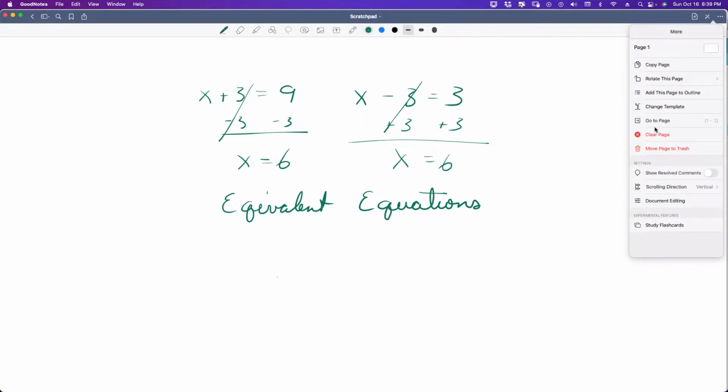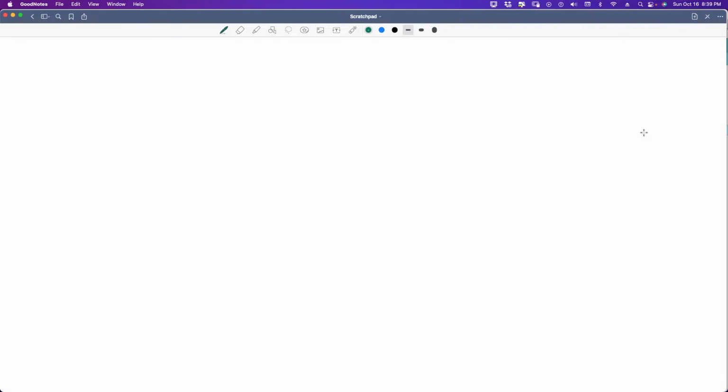Remember, just a couple lessons ago, I gave you a rule that said for equations, whatever you do to one side of an equation, do to the other. And that's to keep them balanced.